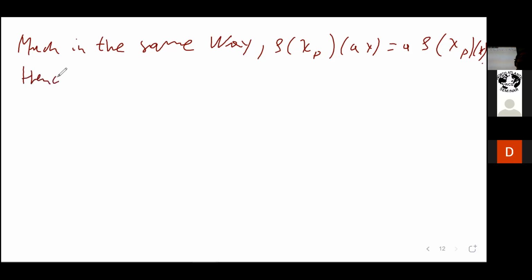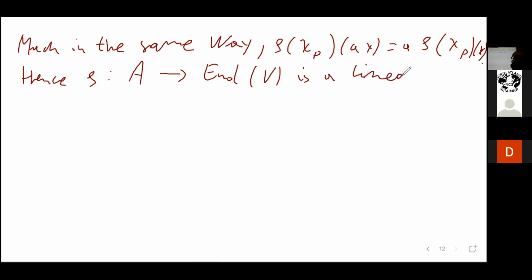Okay, so maybe I will write it down. Hence, rho is a linear map, a well-defined linear map.